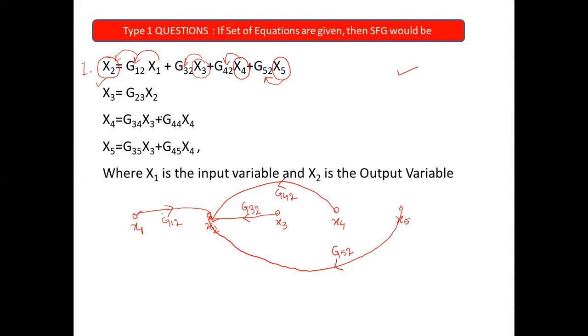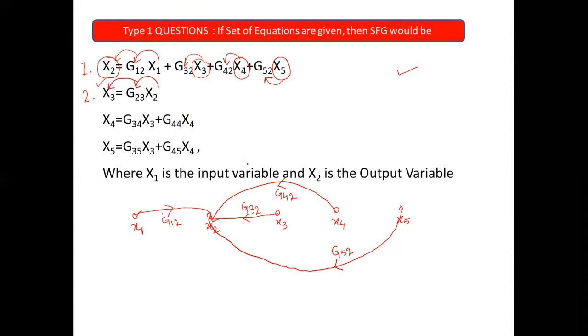Now let's club equation number 2 into this particular signal flow graph. In equation number 2, you just see a signal coming from x2 is getting multiplied by g23 and it is providing a signal to x3.